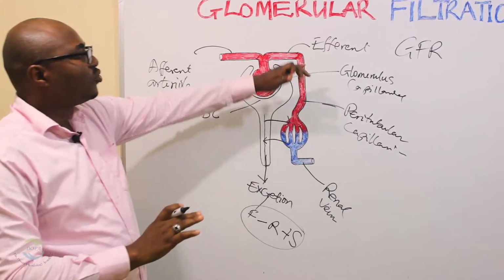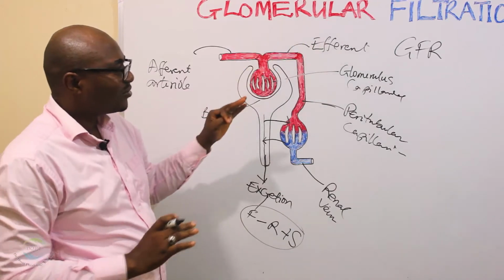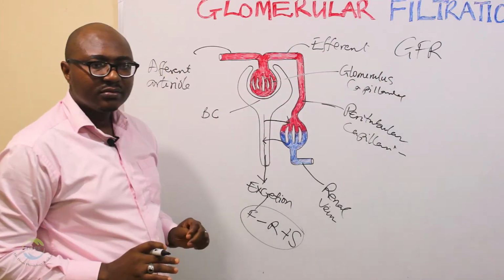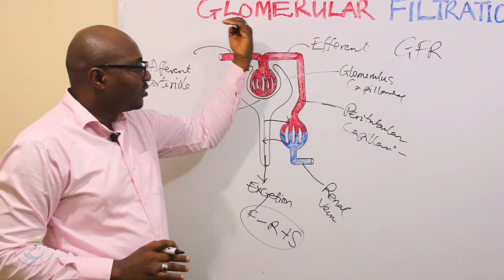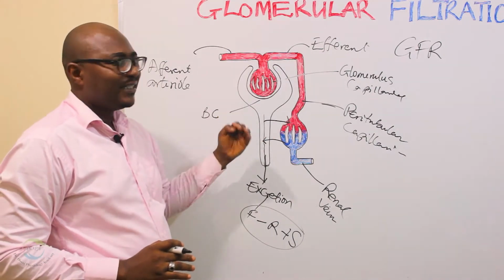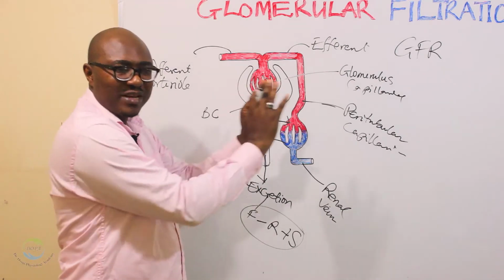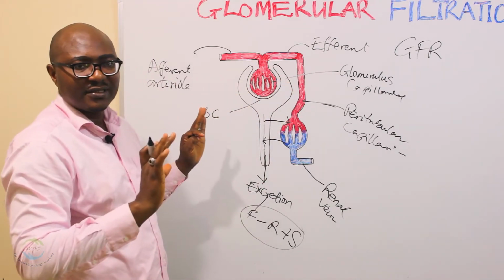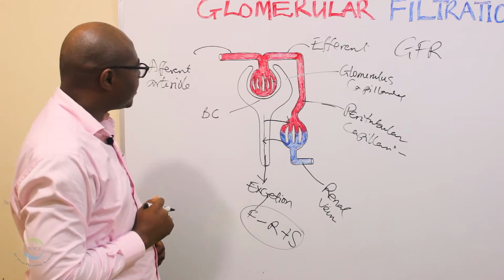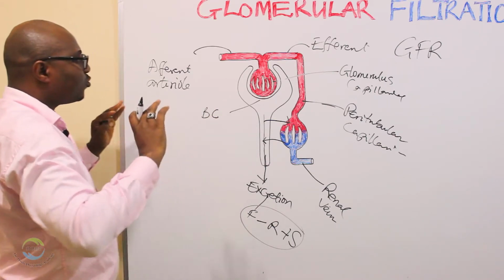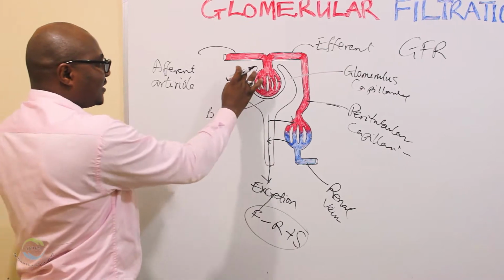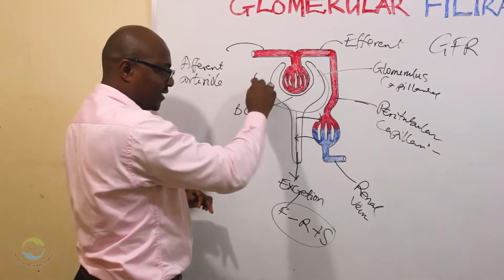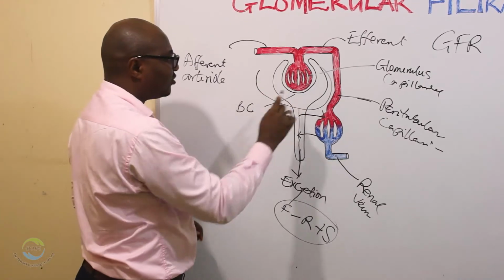So we're going to be first of all talking about the factors that determine how much is filtered, and then how we measure the glomerular filtration rate in the first place. So let's go right into it. This unit here, the renal corpuscle, is where everything happens about filtration.